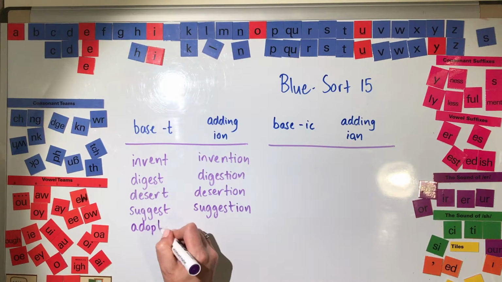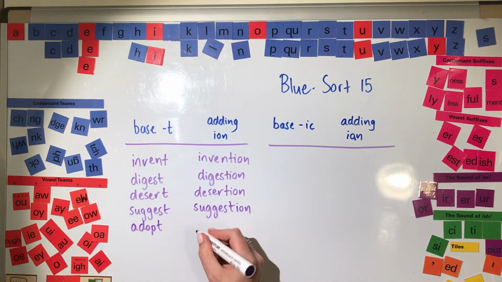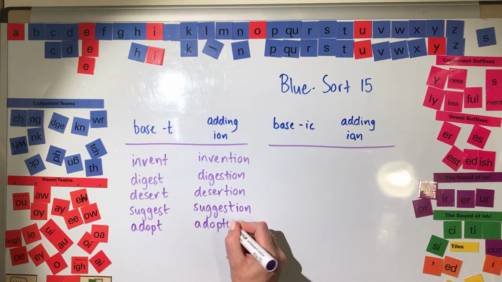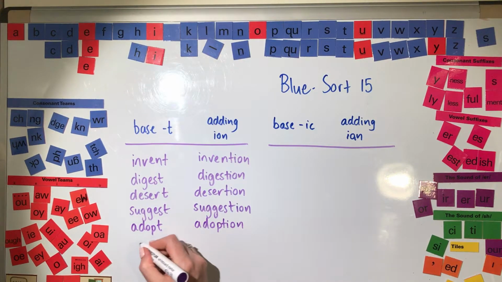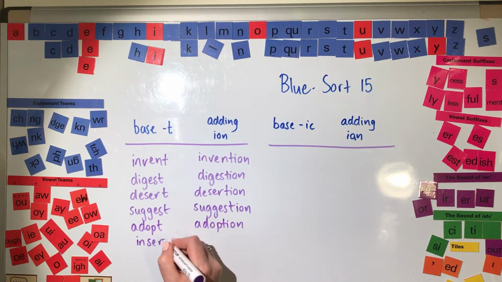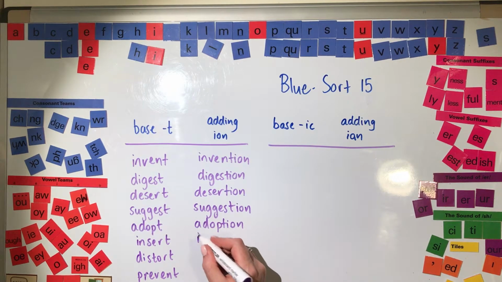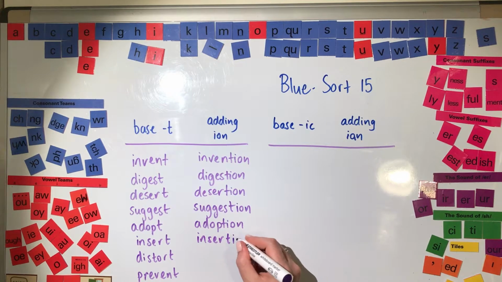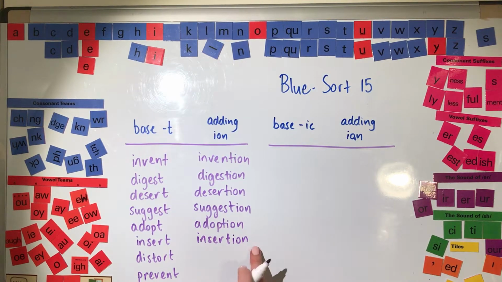Adopt. I'd like to adopt a child. You have gone through an adoption. Insert. Distort. Just finish these as one more word. Prevent. Okay. So if I write the word insert here, and then I put ION, suddenly I've got insertion.